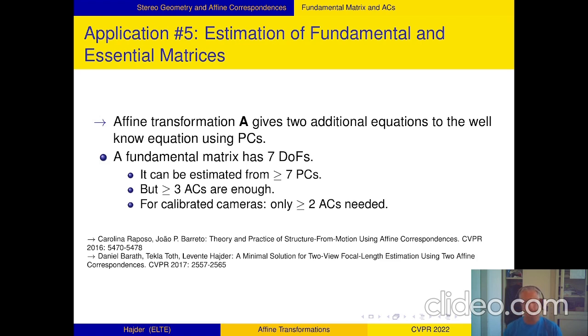In the paper of Carolina Raposo and Professor Barreto, or our other CVPR paper, you see these equations. It's interesting that the Portuguese researchers got these equations via a symbolic toolbox, maybe the MATLAB toolbox, and then the geometric proof is written in our paper.